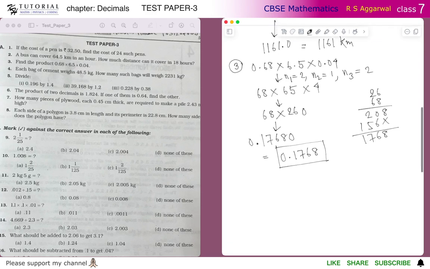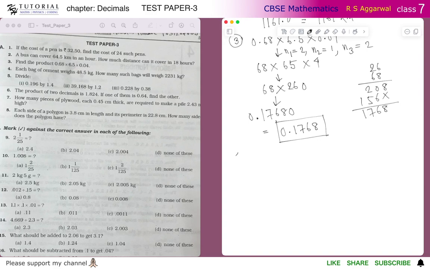Okay. Let's do number 4. Each bag of cement weighs 48.5 kg. How many such bags will weigh 2231 kg? So, okay. So each bag weighs 48.5 kg.